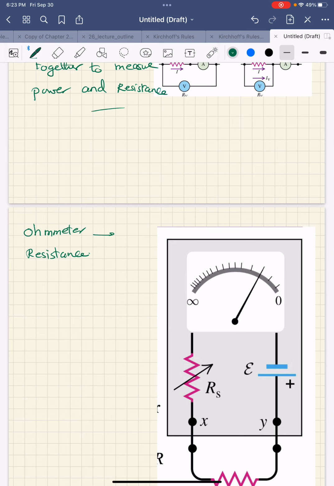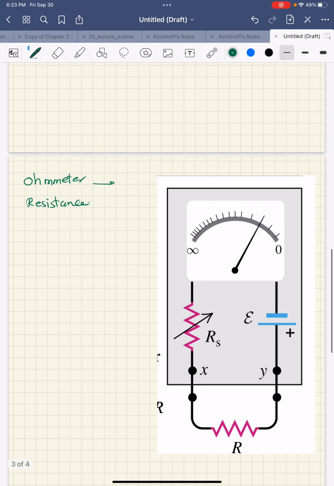And here, I will say, is the design. It contains a variable resistor, and when we have that arrow here, it means that this one is variable.